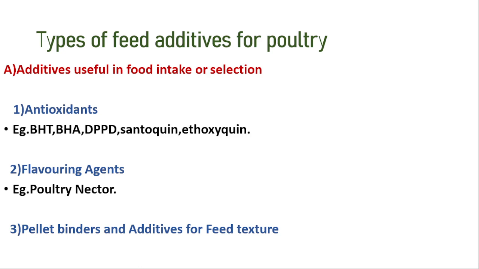What is meant by rancidity? It is a condition produced by aerial oxidation of unsaturated fat present in food and also in other products. This rancidity develops due to the oxidation of the food, and that's why we use antioxidants.